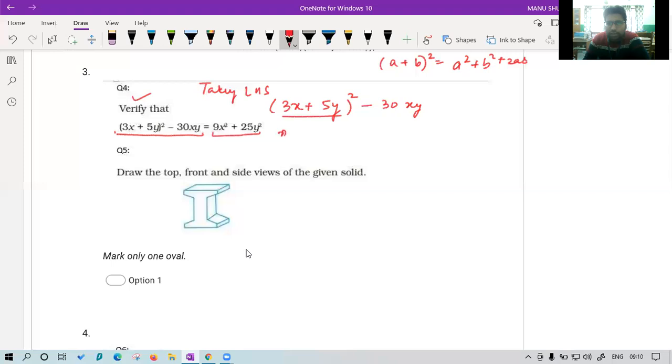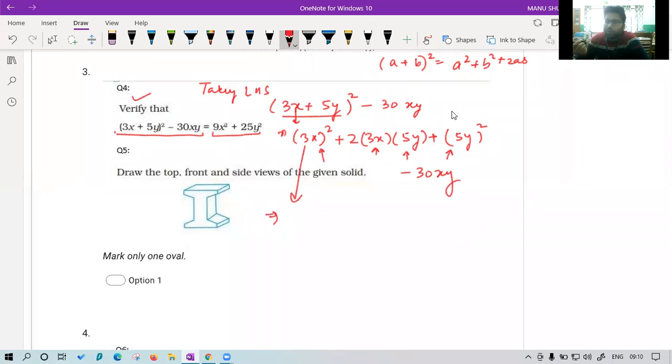So we will get a square, that means 3x square, plus 2ab, that is 3x into 5y, plus b square, that is 5y whole square. Class, always put the brackets first, because you never know what are the signs given to you. Okay, Ananya, no issue. Then we have minus 30xy. Further solving it, what will we get? 3x whole square is what? Plus 3x whole square is what?